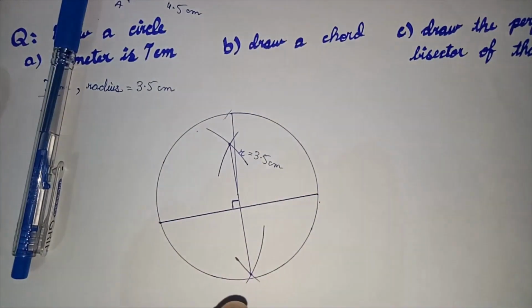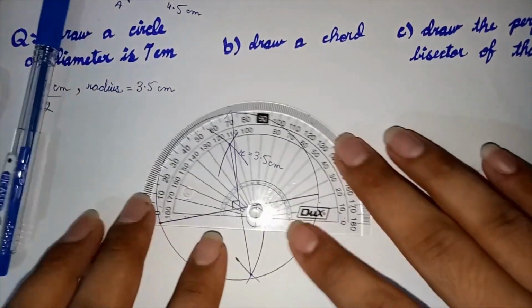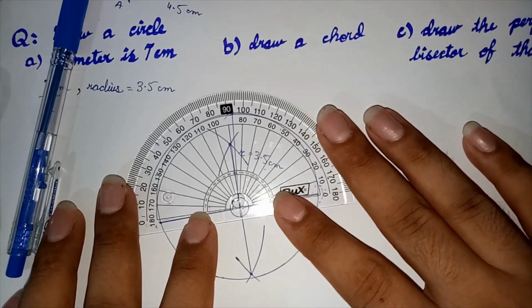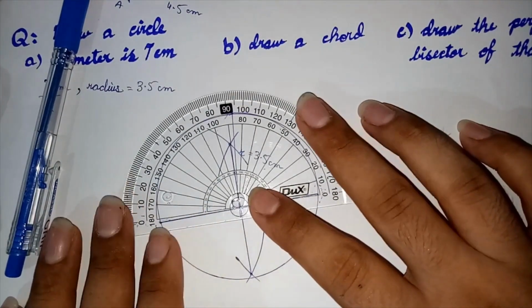Now if we check the angle, whether it is an angle of 90 degrees or not, so let's see.